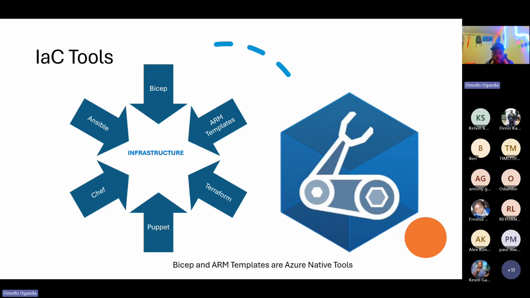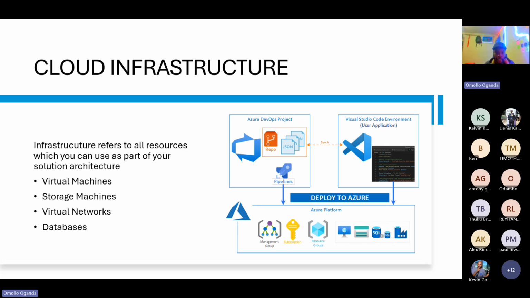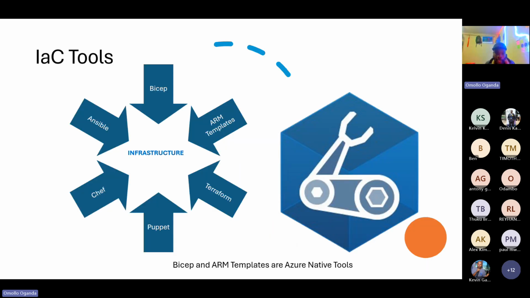All these tools brought together can help us to manage our infrastructure consistently and efficiently. And what I have here is what we call Bicep. The icon you're seeing here is Bicep. Now, Bicep and ARM templates are Azure native tools, which means going forward, we are going to focus on Bicep and ARM templates.